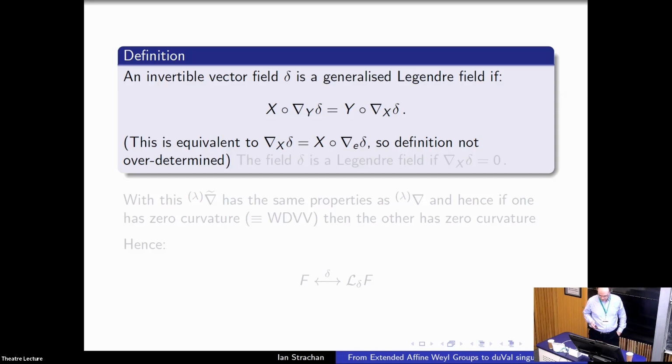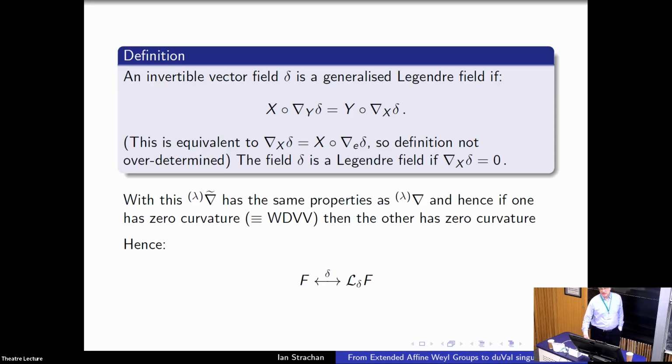A vector field is Legendre if it's covariantly constant, if it's the flat vector field. These were the cases which Dubrovin originally studied way back in the early 90s. So if you've got any solution to this equation, covariantly constant or not, you can conjugate the Dubrovin connection. It still has exactly the same properties as your original one.